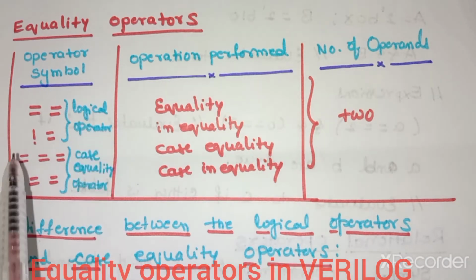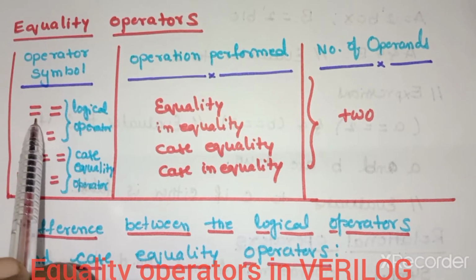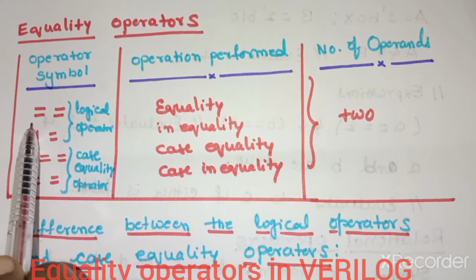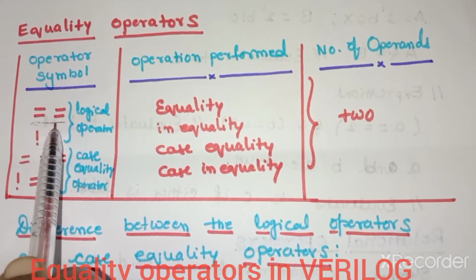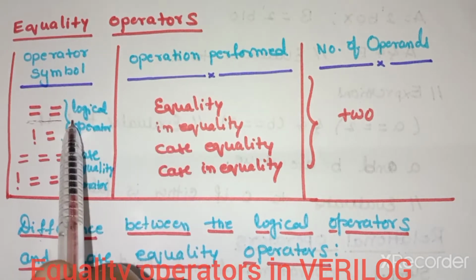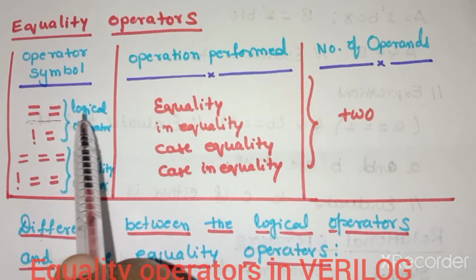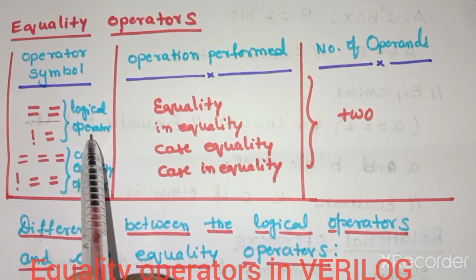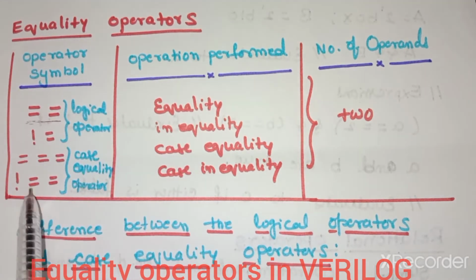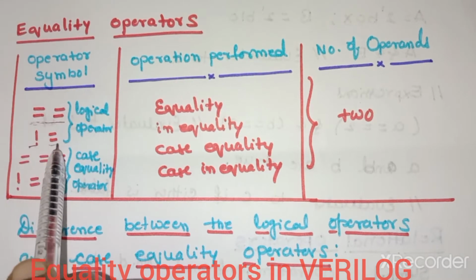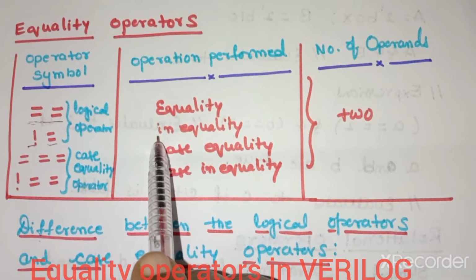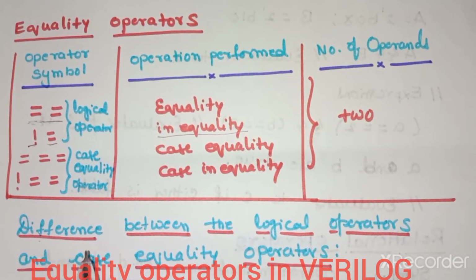What are the logical operators? The double equal to symbol that I have written is called the logical equality operator. Similarly, the not symbol with equal to is called the inequality operator.